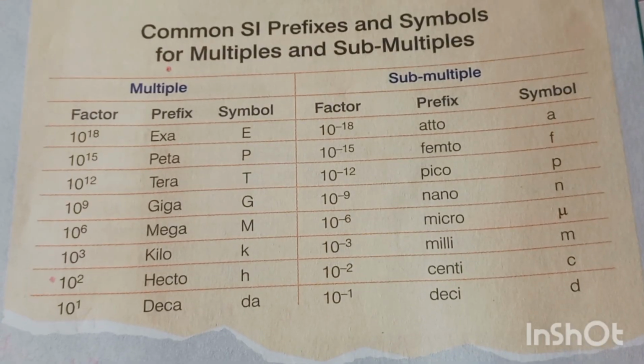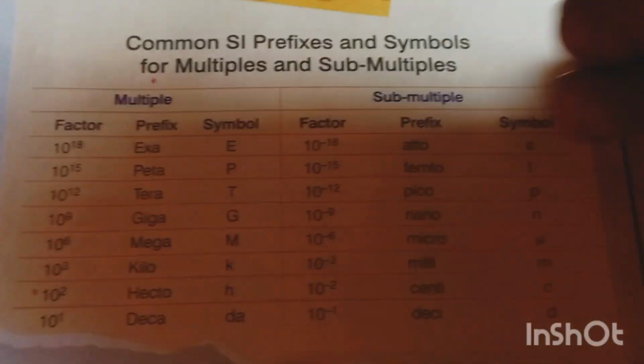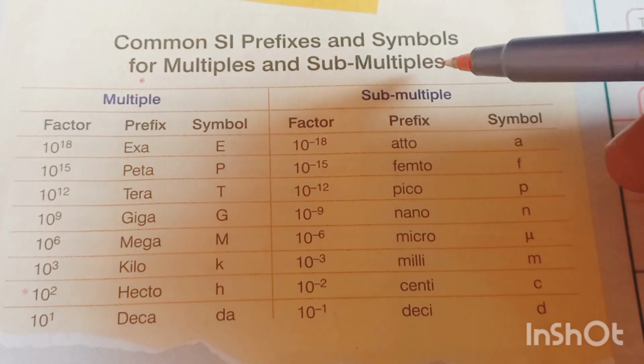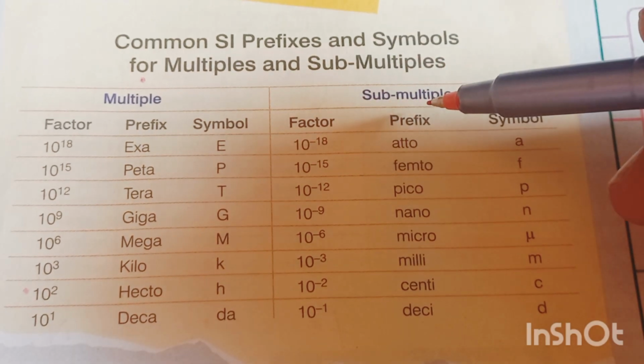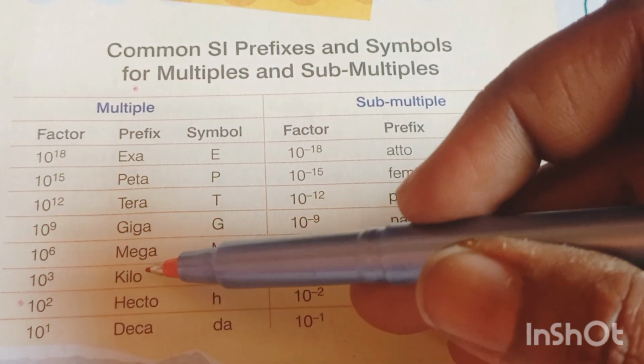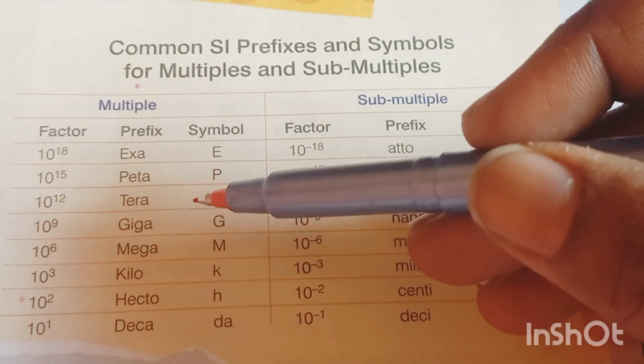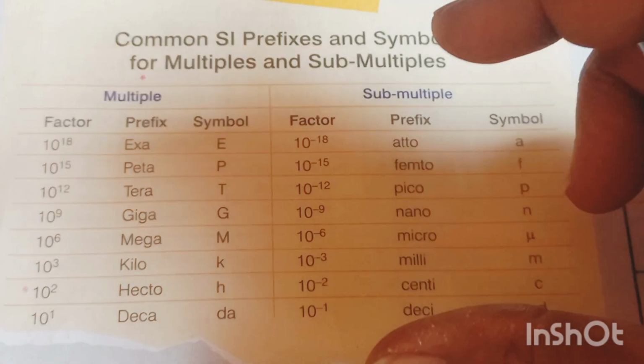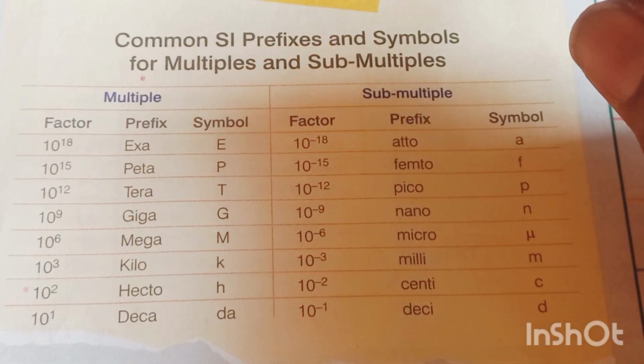Now let us see the common SI prefixes and symbols for multiples and submultiples. You have already seen kilo, nano, giga and all. That is a macro system as well as the micro system.